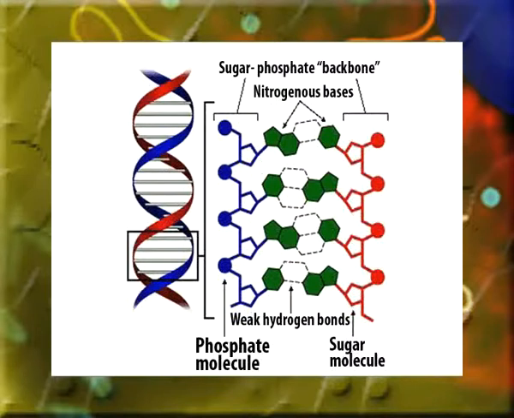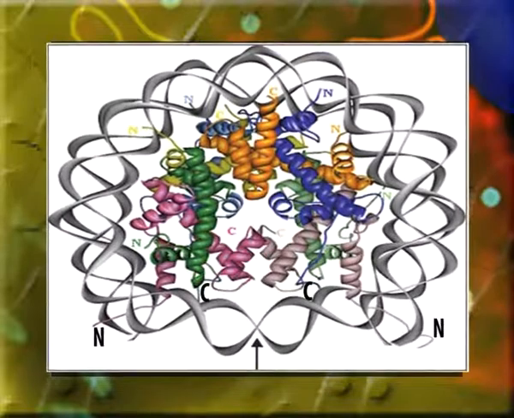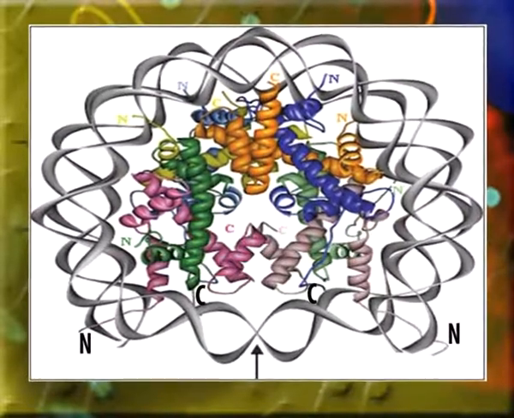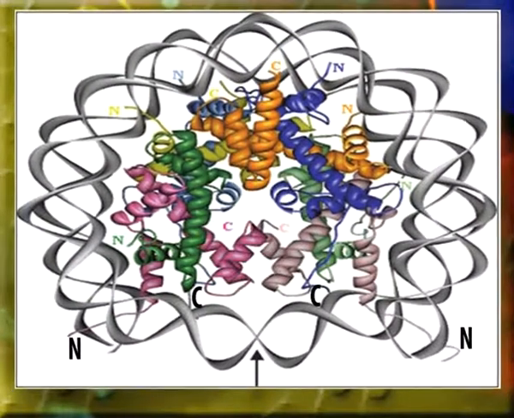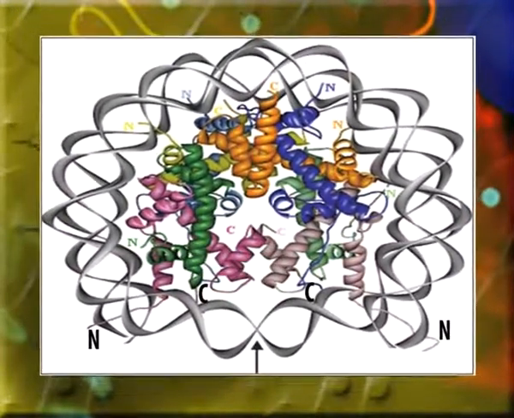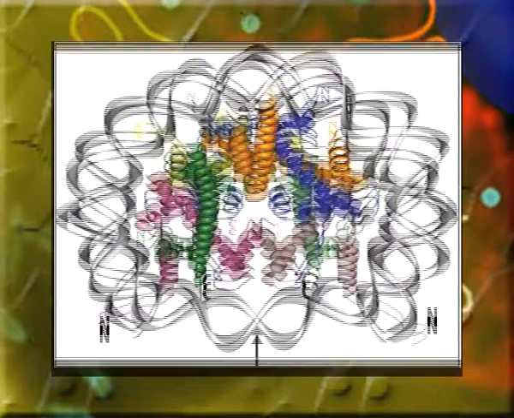These numerous interactions explain in part why DNA of virtually any sequence can bind to a histone core. Each of the core histones also has a long N-terminal amino acid tail which extends out from the DNA histone core. These histone tails are subject to several types of covalent modification that control many aspects of chromatin structure.